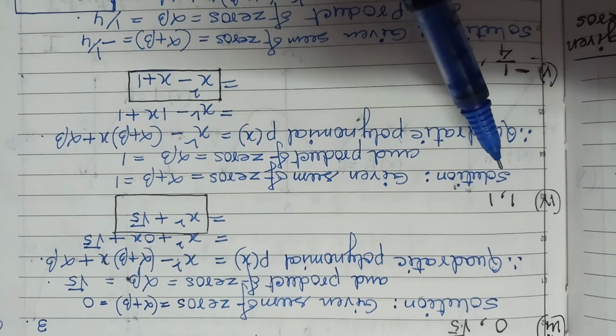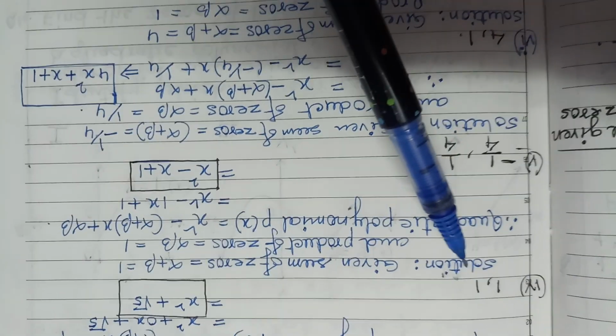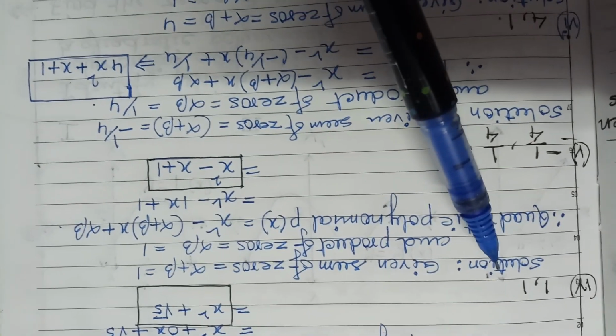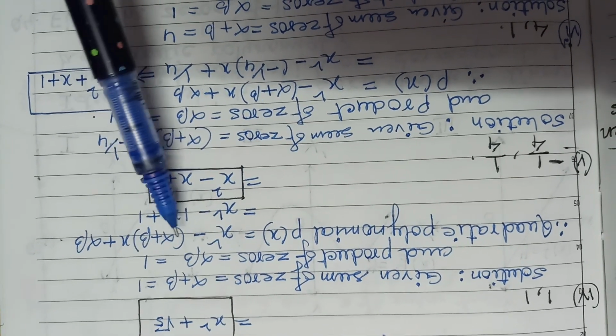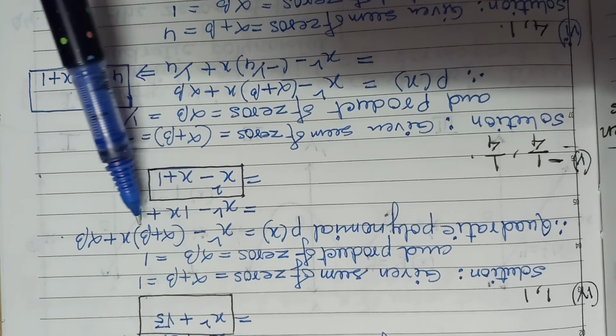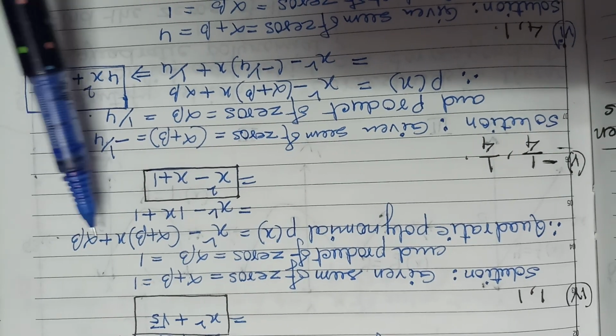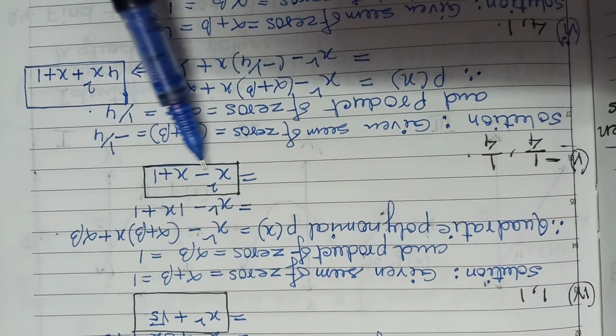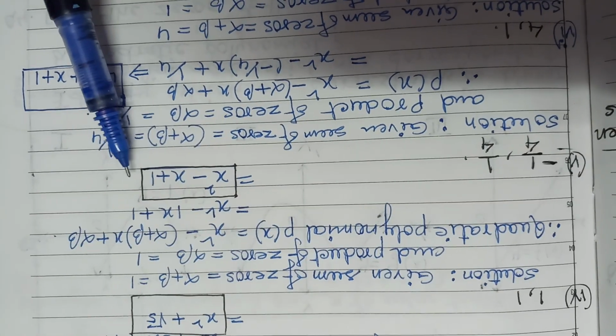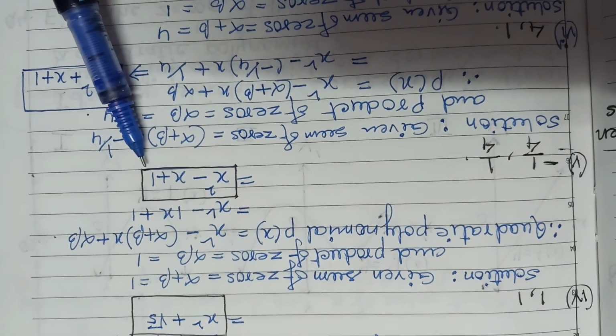Next, sum is 1 and product is also 1. So alpha plus beta is equal to 1 and alpha beta is equal to 1. Same, x square minus alpha plus beta x plus alpha beta. So x square minus 1x plus 1. It is x square minus x plus 1. It is the quadratic polynomial.